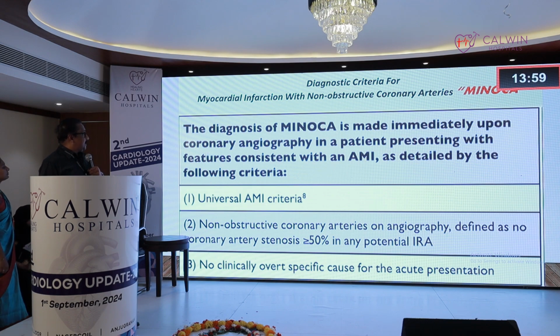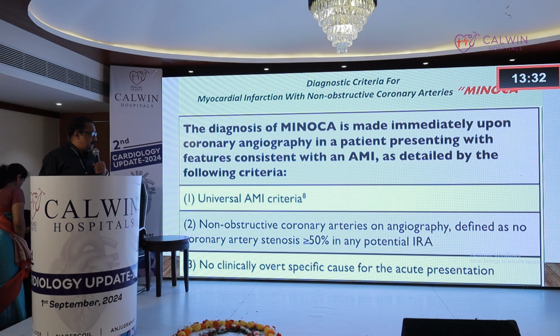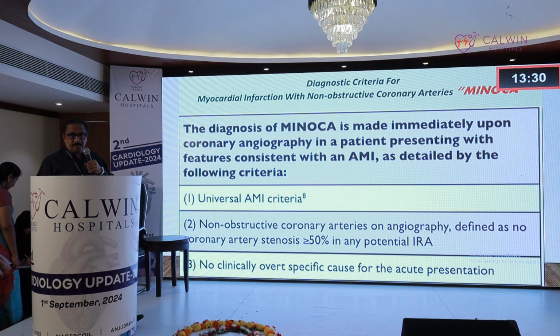So the universal MI criteria are met, with non-obstructive coronary arteries by angiogram, which is defined as less than 50% stenosis of the epicardial coronary artery or a potential infarct-related artery, and no clinically overt specific cause for the acute presentation, like for example acute pulmonary embolism causing RV strain, or sepsis or renal failure, which can cause this sort of troponin elevation. So there is no obvious other cause, but you have non-obstructed coronaries and a patient presenting clinically with chest pain and features of MI.